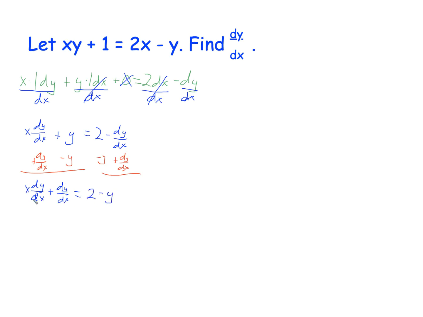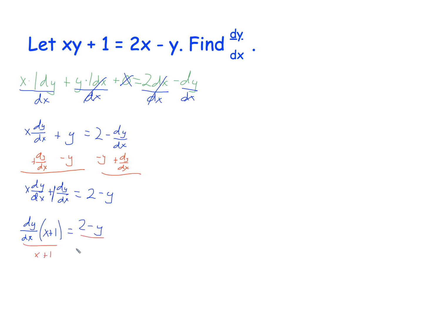And then we factor out what we're trying to find. So we got the dy dx in common. What's left? Well, an x plus a 1 equals 2 minus y, and then finally we can solve for dy dx by dividing both sides by x plus 1.